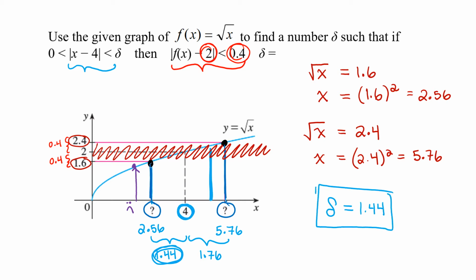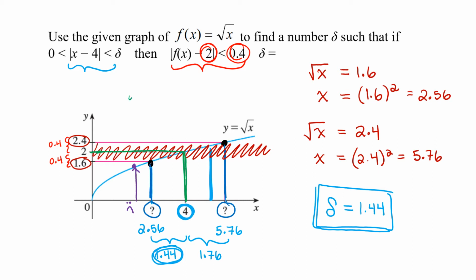So 1.44. And what's interesting about this is we can actually write the limit that this is sort of approaching as well, because our goal here is to be centered at 2 for f of x and centered at 4 for x.